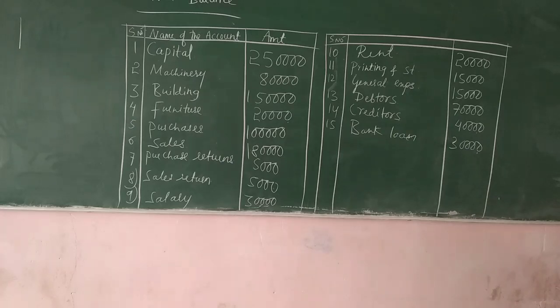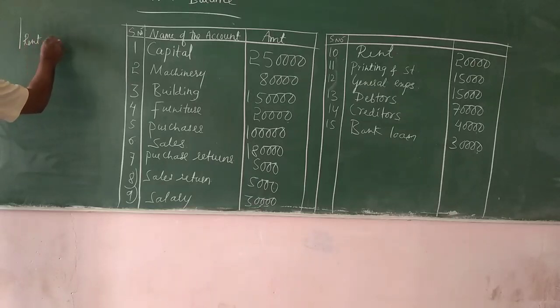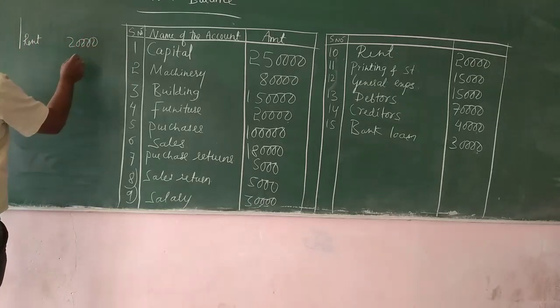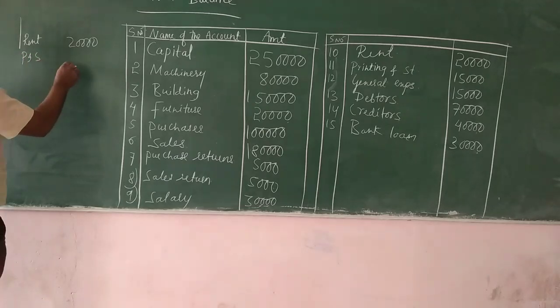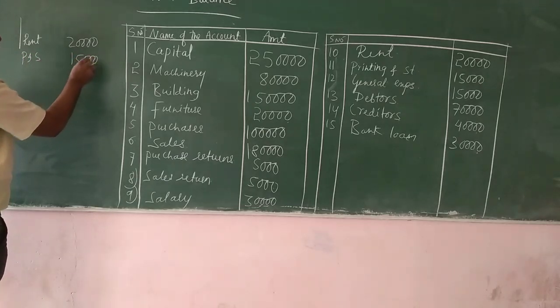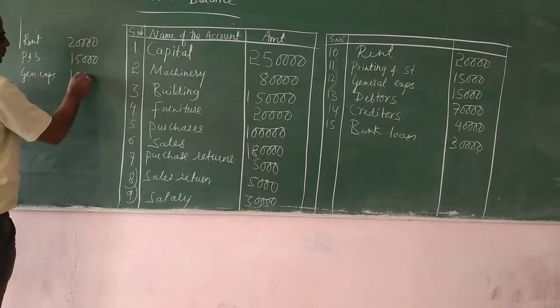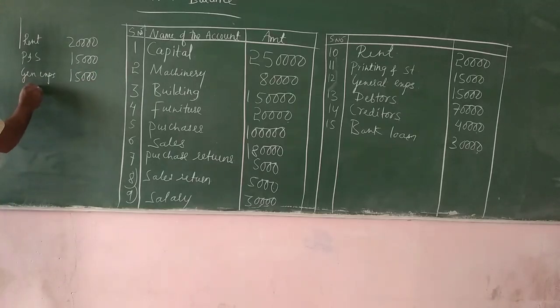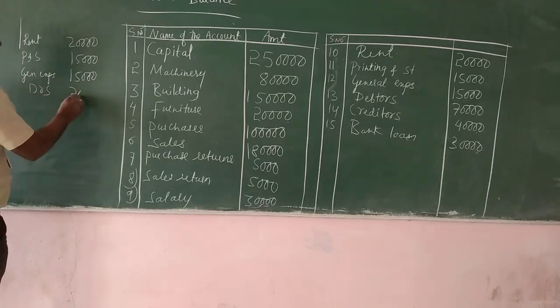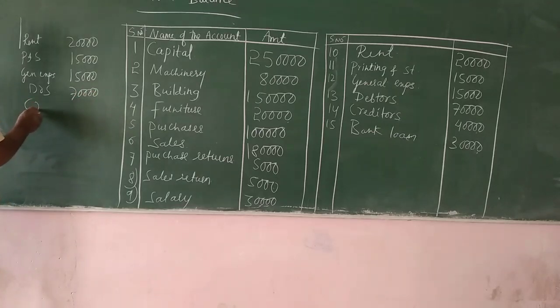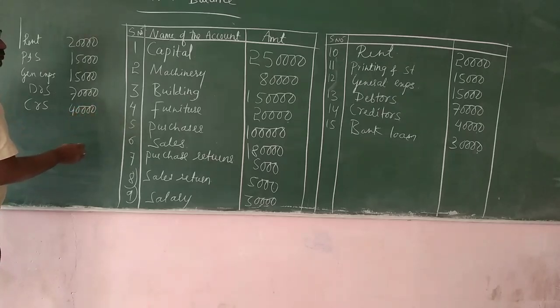I will take this information here: rent 20,000, printing and stationery 15,000, general expenses 15,000, debtors 70,000, creditors 40,000, bank loan 30,000.